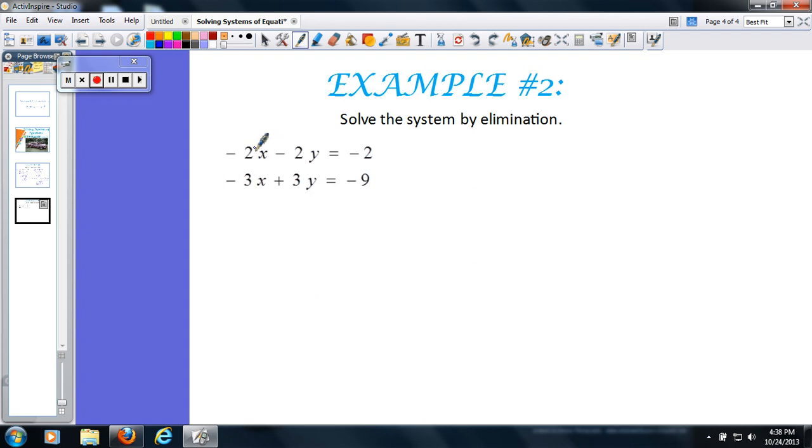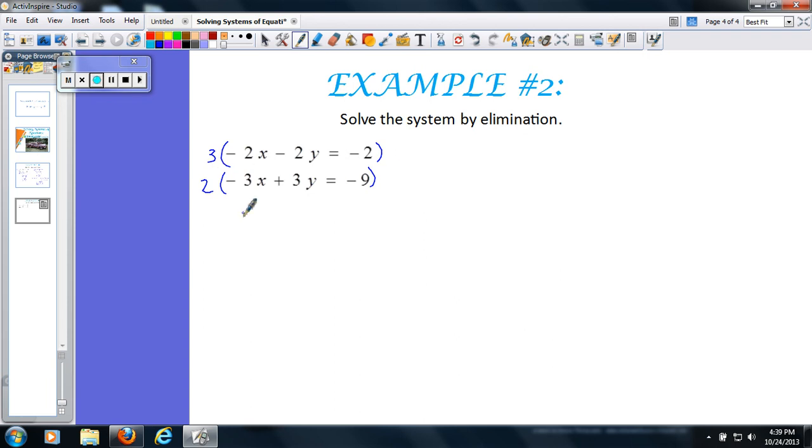I'm going to have to multiply both equations by a number, because I can't multiply 2 by a number to get 3, and I can't multiply 3 by a number to get 2. So I'm looking for the least common multiple. Let's get rid of the y, since they're already opposites. I'm going to multiply this equation by 3 and this equation by 2, because the least common multiple between 2 and 3 is 6.